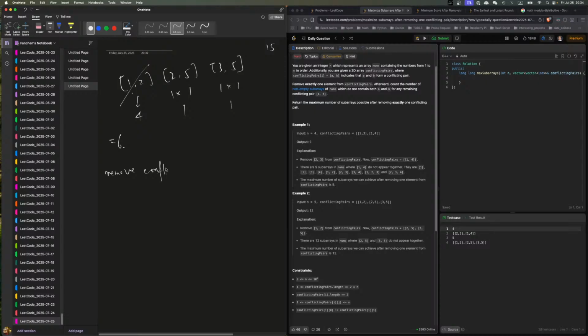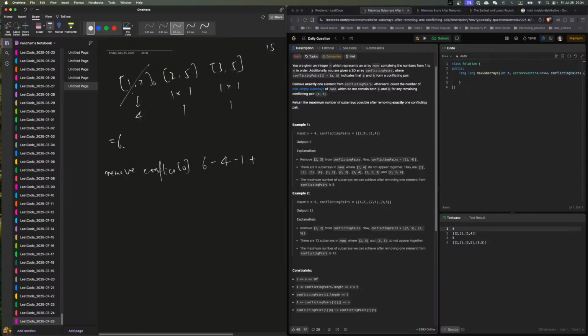So if I remove conflict 0, what's going to happen is 6 will minus whatever the conflict has, but I need to plus. Actually, we need to remove both the conflict and the one after the conflict. So I need to remove both and add the new one. So we remove the conflict and one after conflict, and plus what will happen.